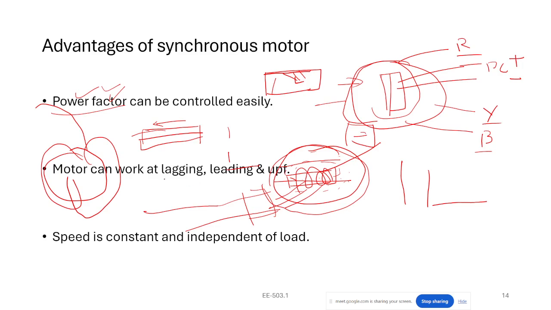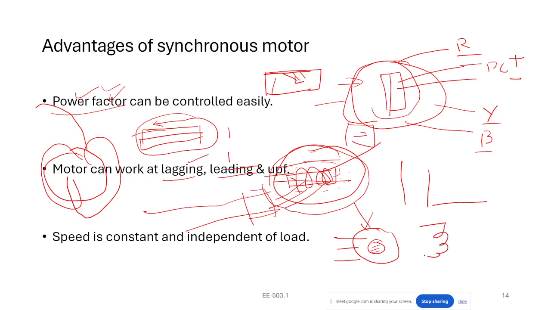Next, the motor can run at lagging, leading, or unity power factor, by means of the excitation only. Because if we talk about DC motors, they have only one DC supply, and we are not giving any double feed. In a three-phase induction motor, we use only the three-phase supply, and the rotor windings are closed, so it acts as a short circuited transformer.